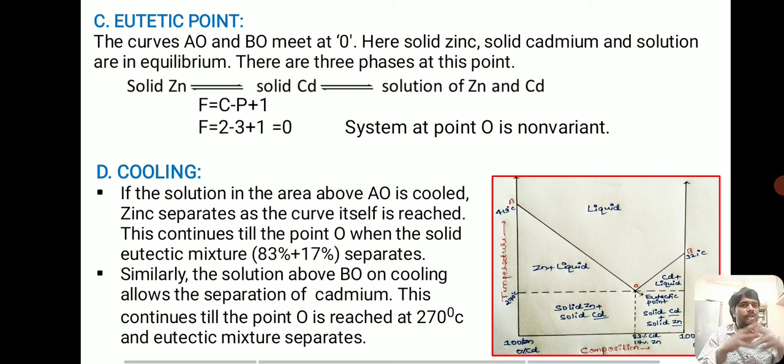Similarly, the solution above BO on cooling allows the separation of cadmium here. This continues till the point O is reached at 270 degrees Celsius, and eutectic mixture separates.